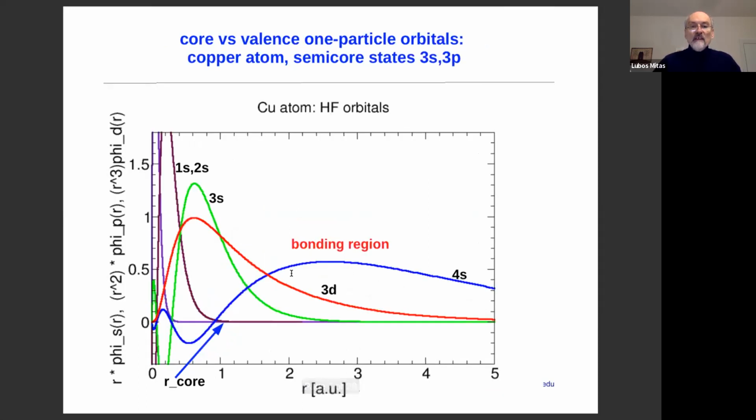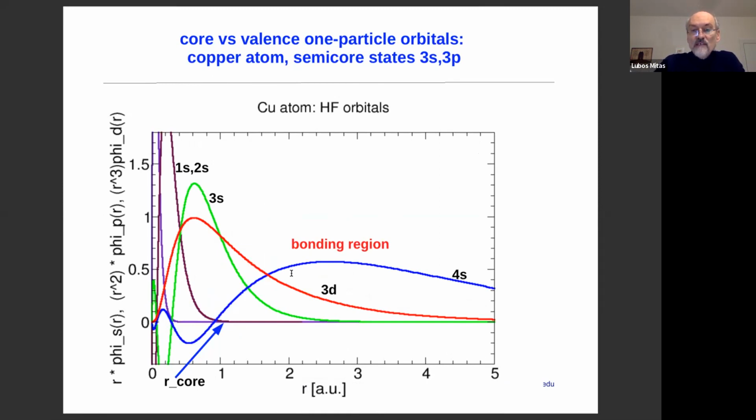If we take a more complicated atom like copper, here we have sort of one regime more. So we have the core states like 1s, 2s, but then there is a state which is 3s and 3p, which is mostly in the core, but the tail goes uncomfortably far, and it actually probes a little bit the bonding region.